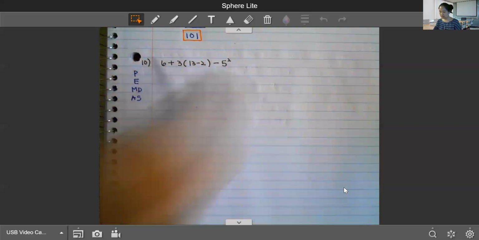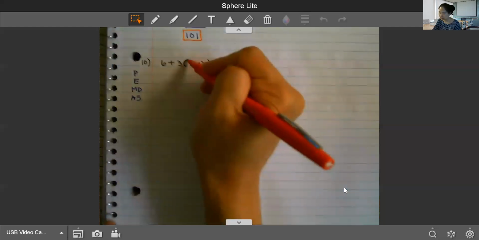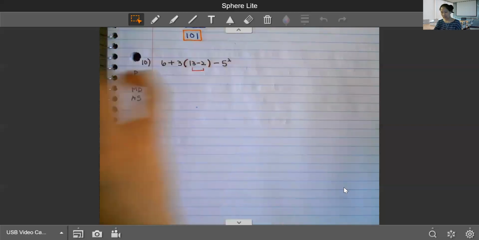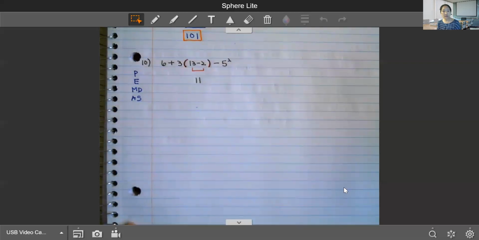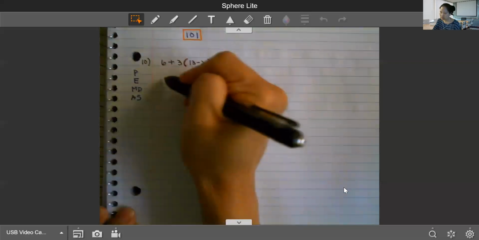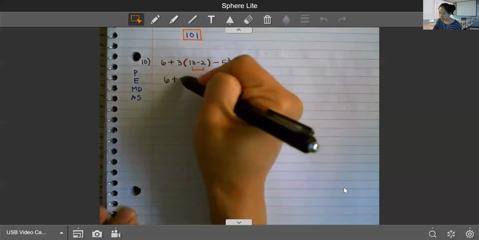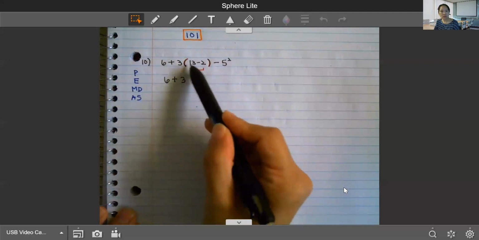All right, so let me ask myself, do I have any parentheses? And yes, I do. I have them right here. So 13 minus 2 is 11. I'm going to copy everything down, and you need to be very careful with this one. Look, 6 plus 3, and then it doesn't tell you what operation you need to do.